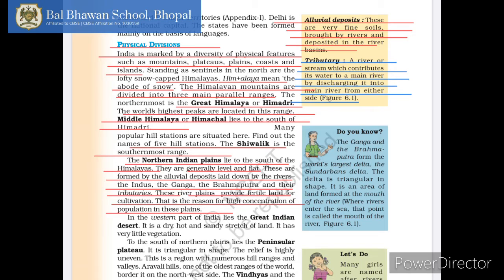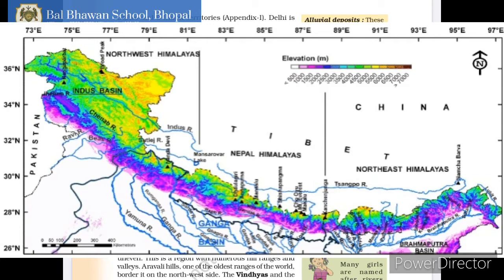The Himalayan mountains are divided into three main parallel ranges. I have already discussed in online classes what ranges are: a series of mountains is called a range. The first, in the northernmost, is the Great Himalayas, also called Himadri.